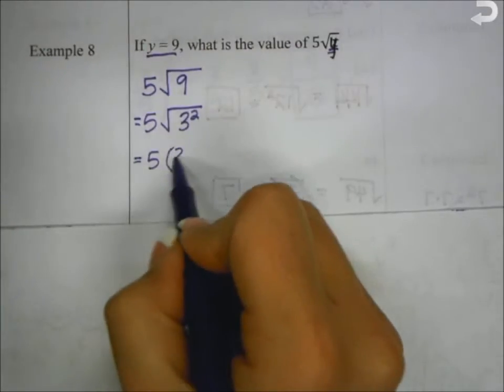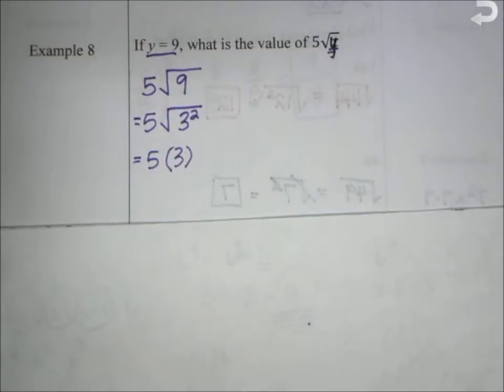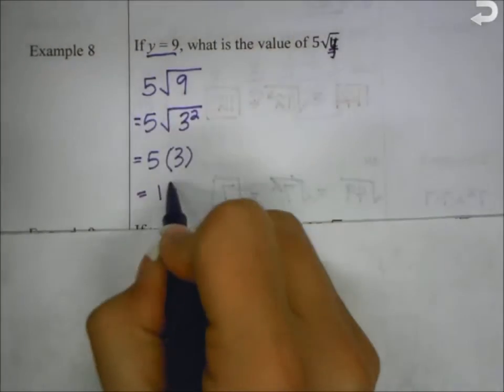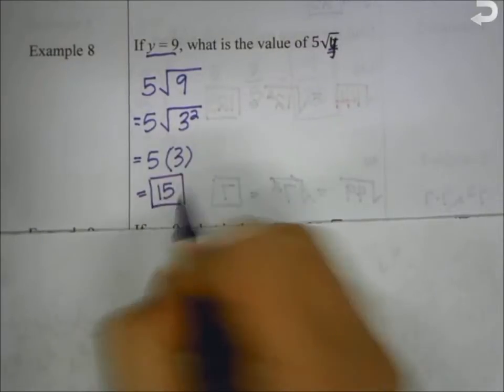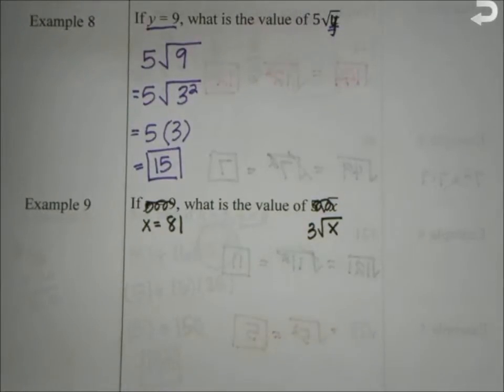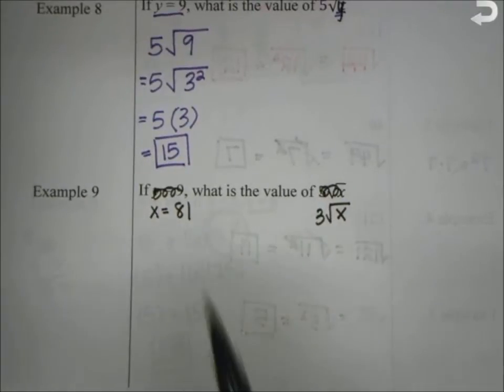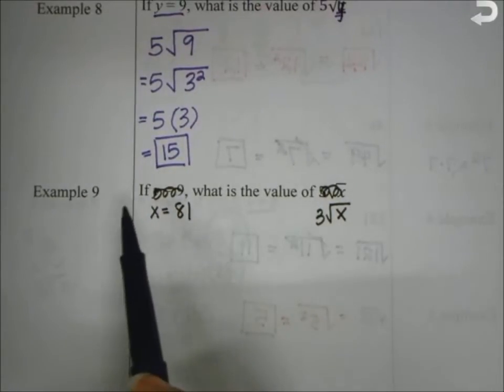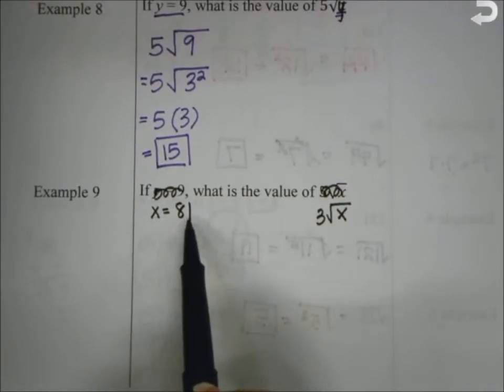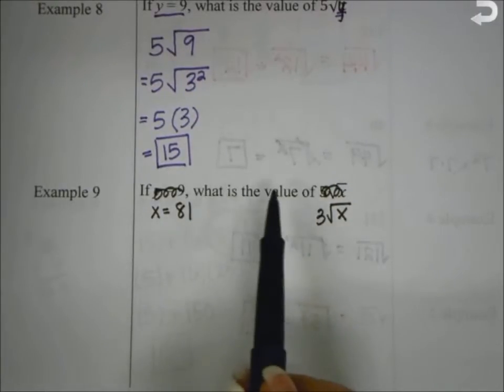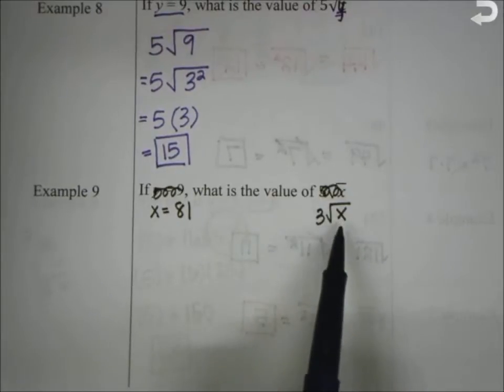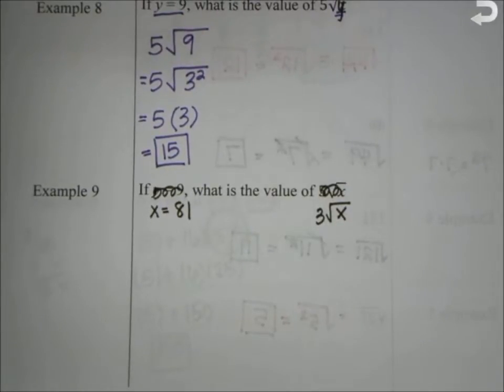I'm going to leave example 8 up for you to reference, but here's example 9 that I want you to try by yourself. If x equals 81, what is the value of 3 square root x? I need someone to tell me what my first step is in this problem. Let's see, I'm going to pick someone who's not volunteering. Anthony, what's my first step? Very good. We replace x with 81.